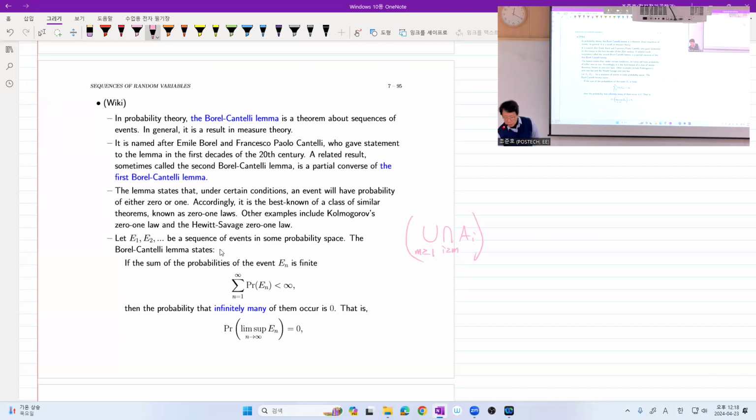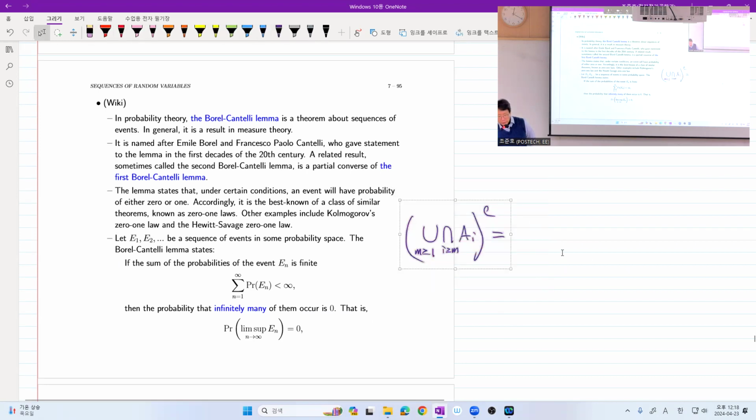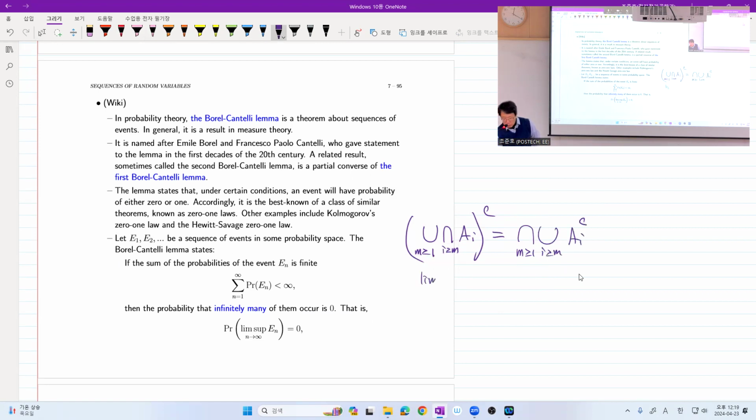So what is the complement of this event, by the way? What is the complementary event of lim_inf? Interestingly, you can show this. So this is the lim_inf of the sequence, which equals the lim_sup of the complementary events.